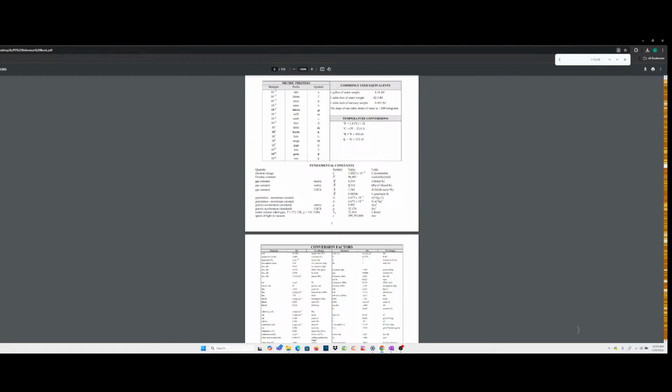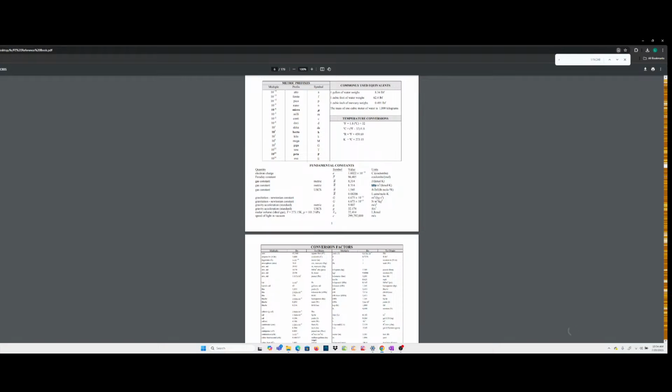We have 8.314 kelvin, pascal, meter cube, and all this stuff. So if we're using 8.314 kilopascals, meter cubes per kilomole per Kelvin, we have to convert our pressure from atm, atmosphere, to kilopascals.